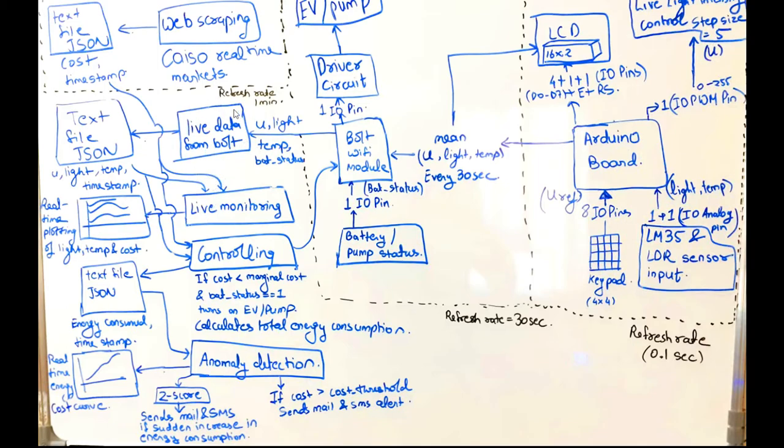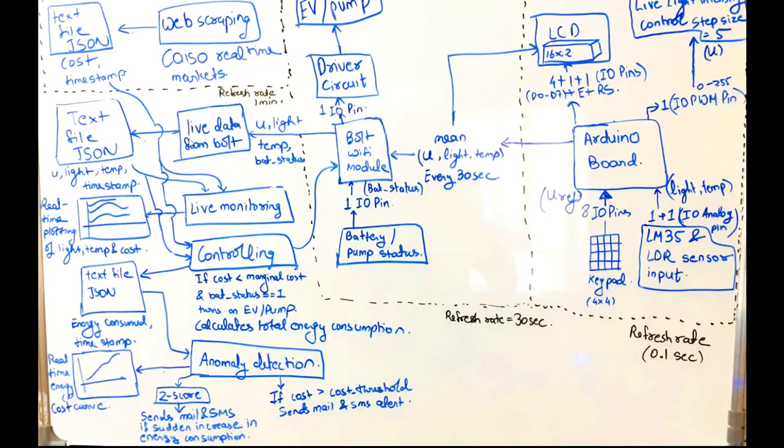This script creates a text file in JSON format, and it saves the values of U, light, temperature, and battery status into the text file. Sorry, U, light, temperature, and the timestamp it saves into the text file.